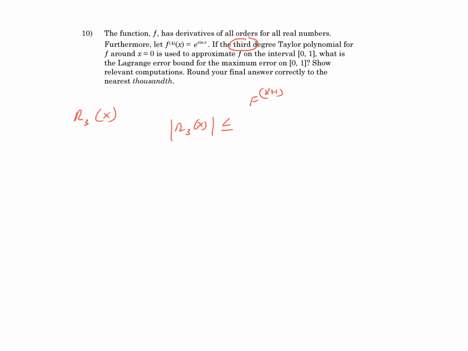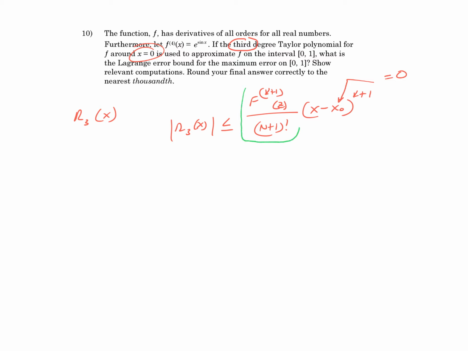So it's the k plus first derivative of z over k plus 1 factorial times x minus x sub 0 to the k plus 1. This really doesn't matter because it's a Maclaurin polynomial, no problem.